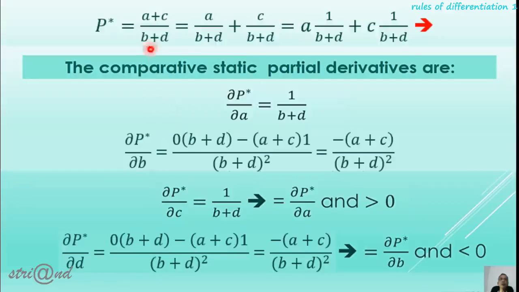The derivative of the numerator here with respect to B, there is no B here, so it is 0, times the denominator B plus D, minus the numerator A plus C multiplied by the derivative of the denominator.